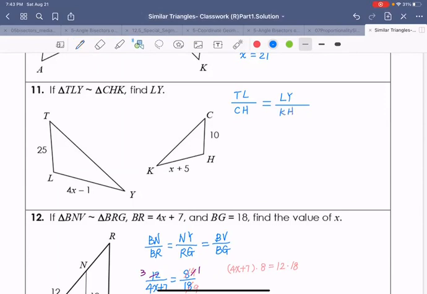Okay, let's go ahead. 25 over 10 equals 4x minus 1 over x plus 5. Can we simplify here? By 5.